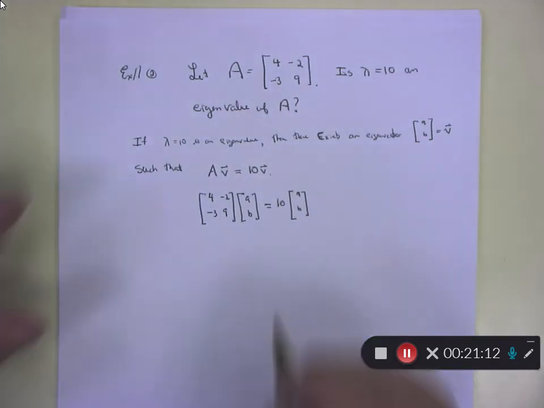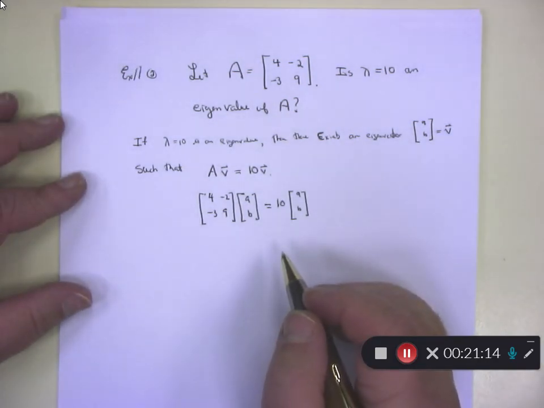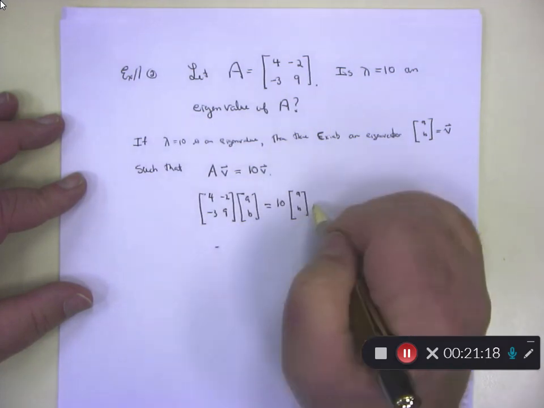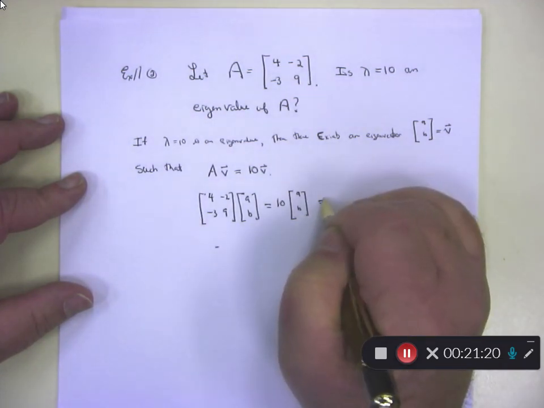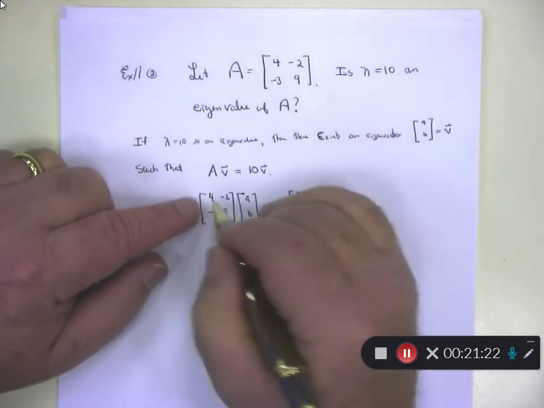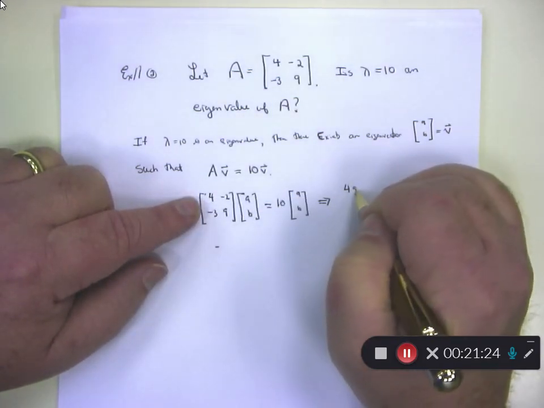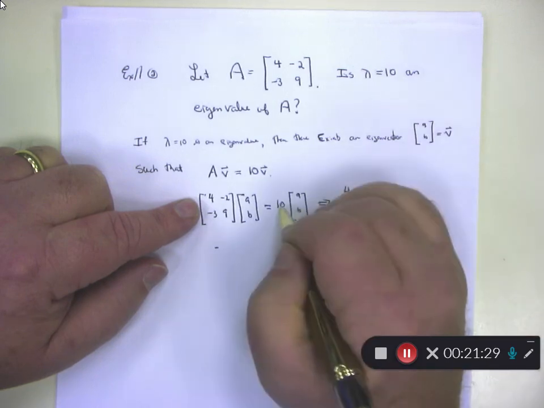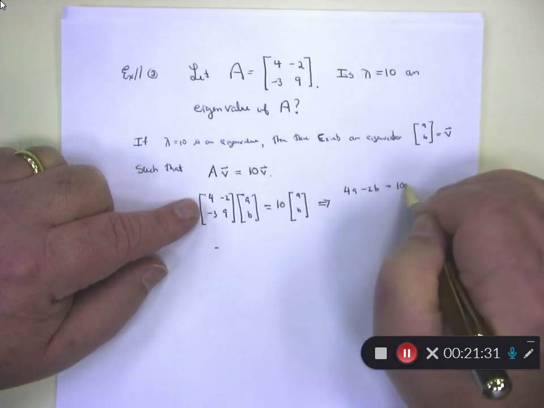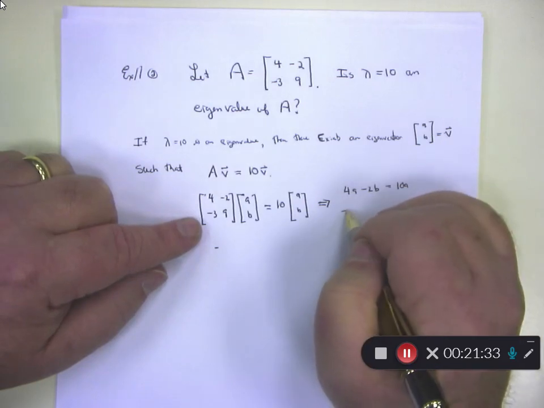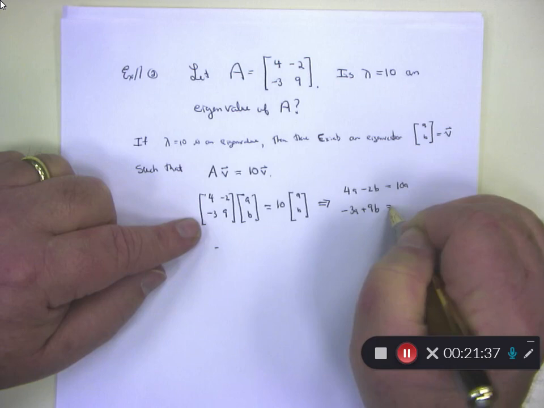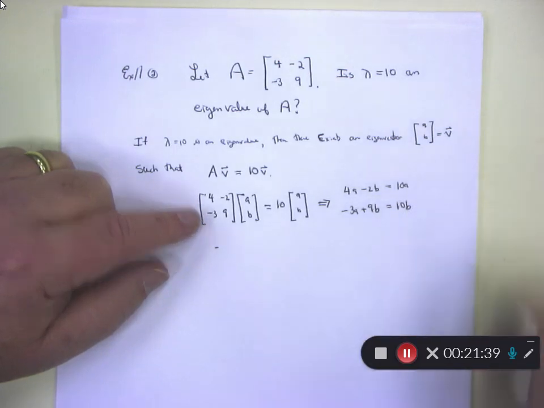Which means, wait, keep going here, if you continue to put this stuff together, this would mean that 4a minus 2b has got to be equal to 10a, and -3a plus 9b has got to be equal to 10b.